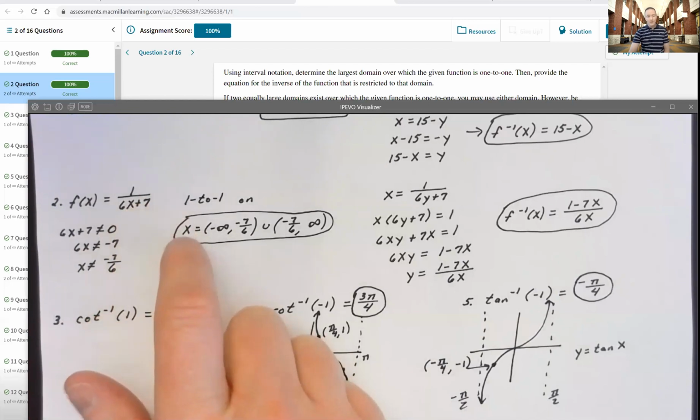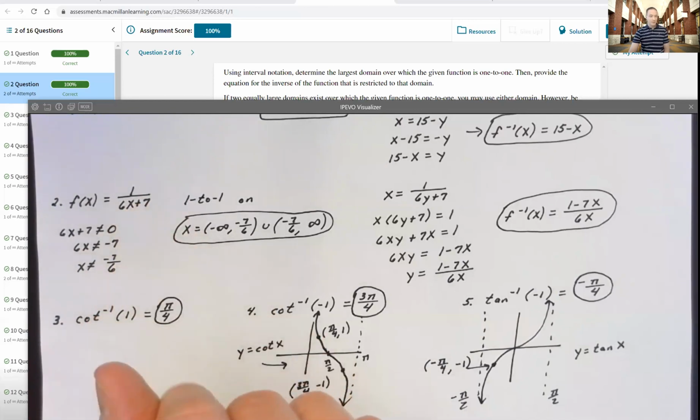Now, I know that as the x values approach -7 over 6 from the left, they're going to be going down in this case. And as it approaches -7 over 6 from the right, it's going to be going up. How do I know it's opposite behavior without even looking at the graph?